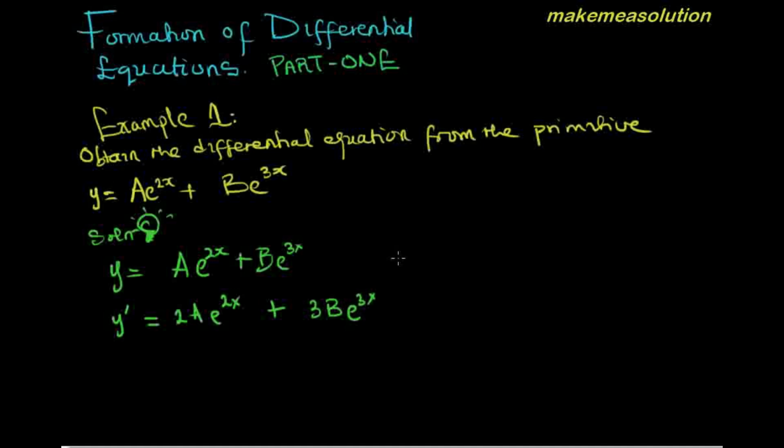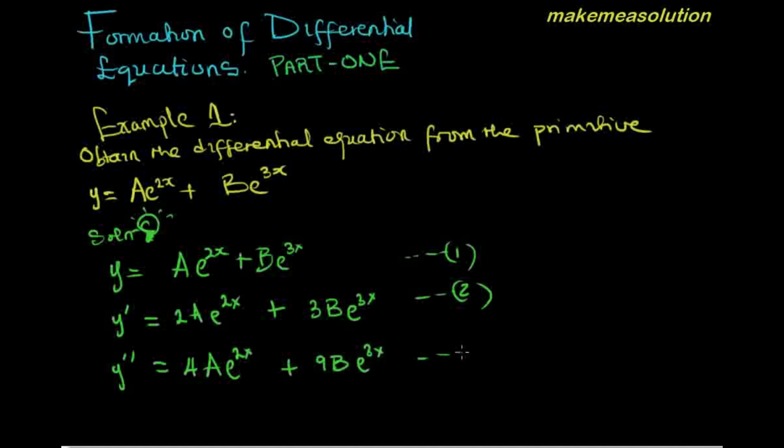So assuming this is equation 1, this is equation 2, and this is going to be our equation 3. So y prime is the first derivative, okay, and y double prime is the second derivative. So when you differentiate this part again, you're going to get 4a exponential 2x plus, differentiating this part again, you get 9b exponential 3x.